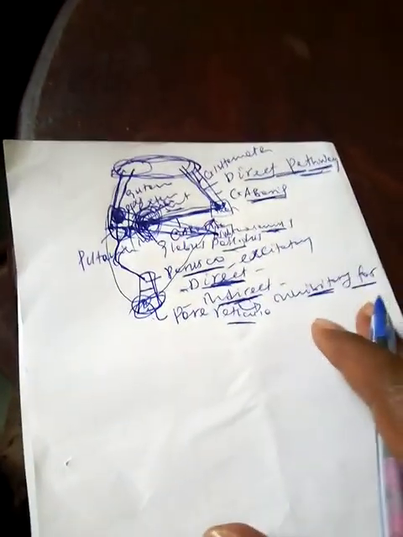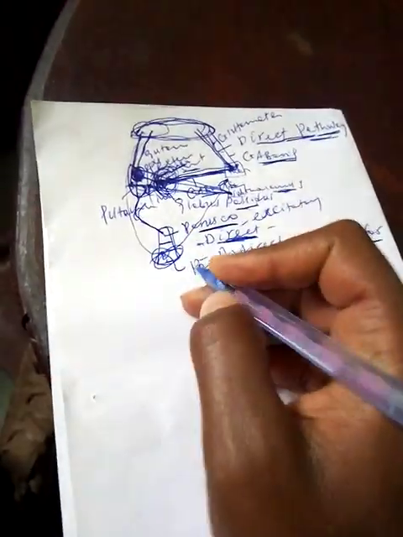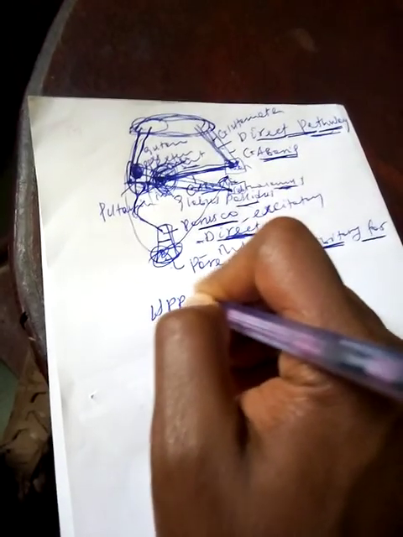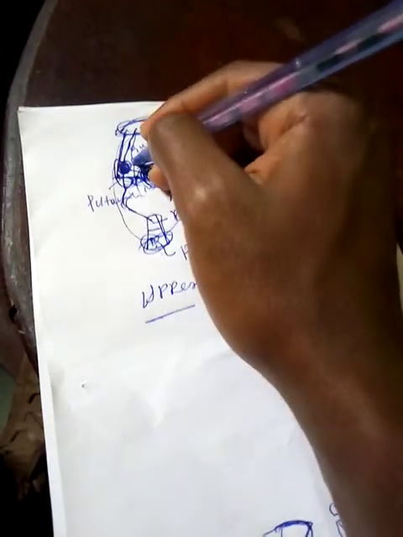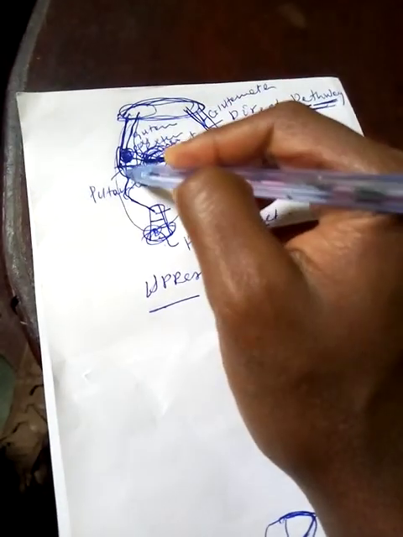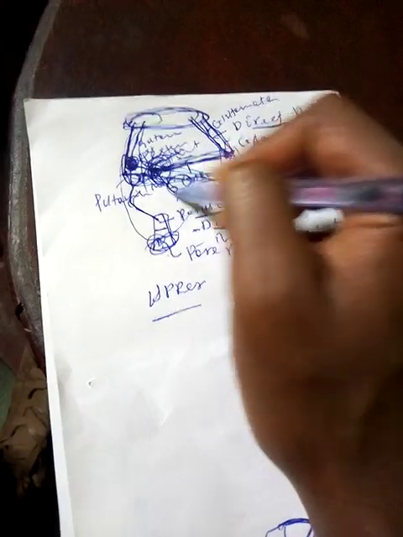Okay, then for example, if someone wants to flex his upper limb, an excitatory impulse will go to this one, and the inhibitory impulse to the extensor muscles will go through the indirect pathway.